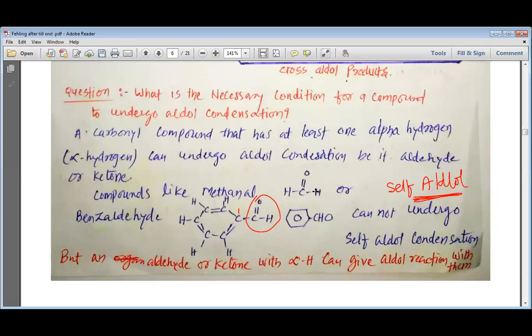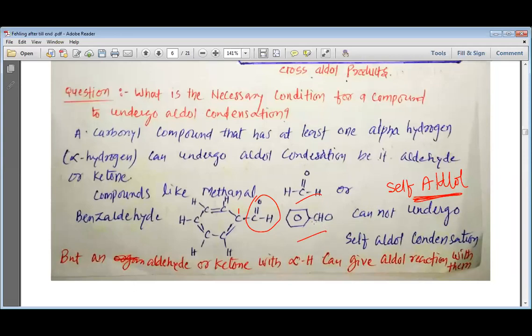Now, when it comes to the cross-aldol, my dear students, we get 4 products. But if benzaldehyde or methanal is present, they will undergo the attack from the other compound, and in that case we will get 2 products if one of the compounds is methanal or benzaldehyde.